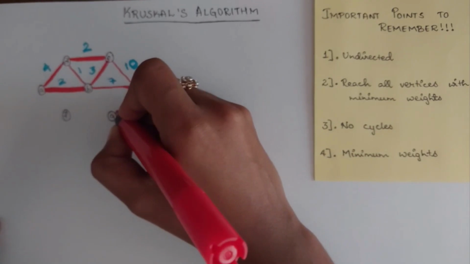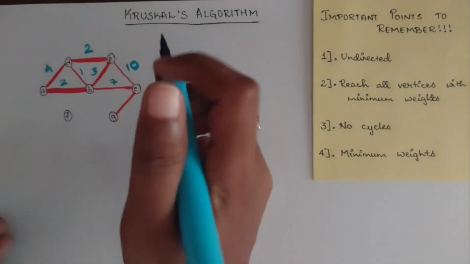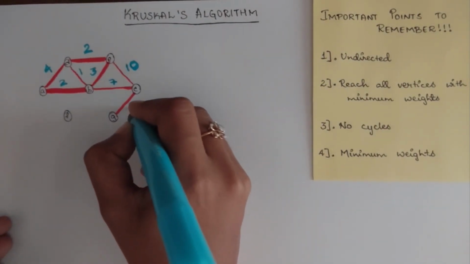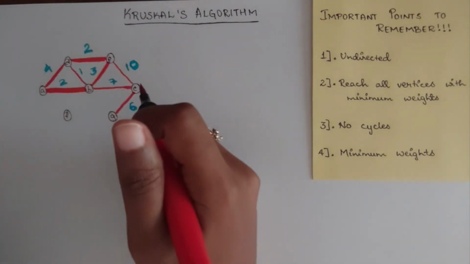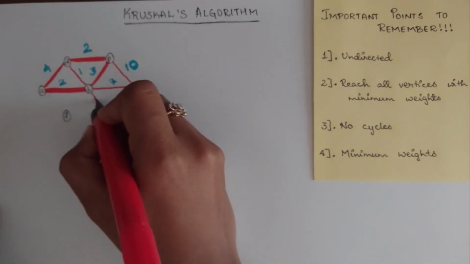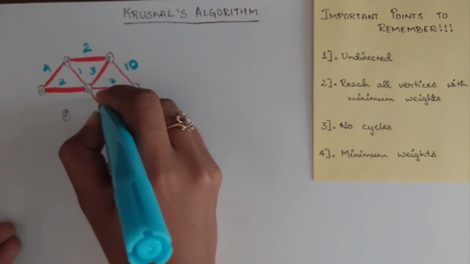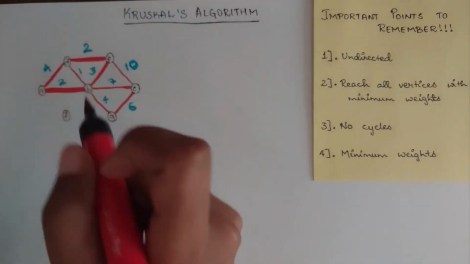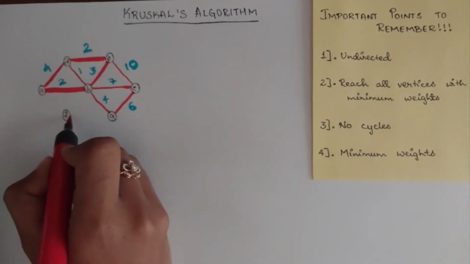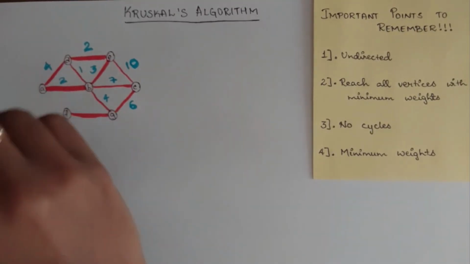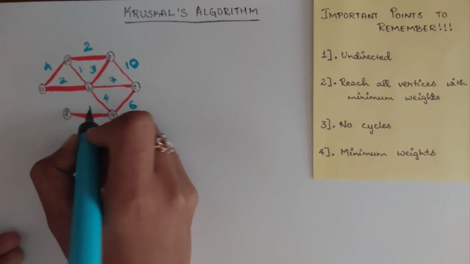G and C has 6. B and G has 4. F and G has 1.